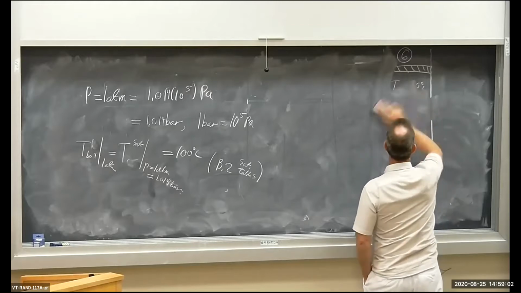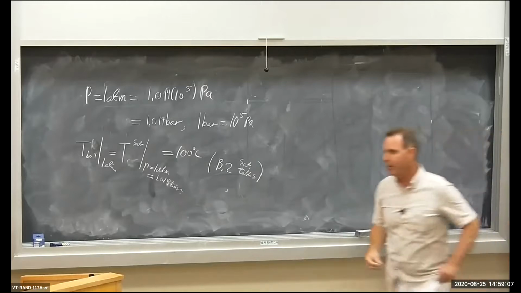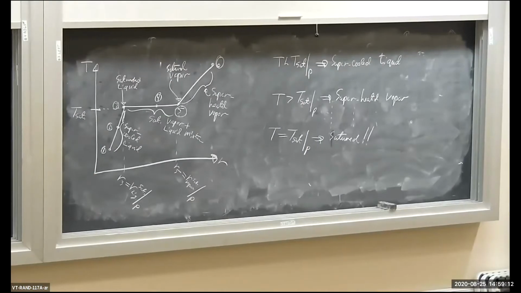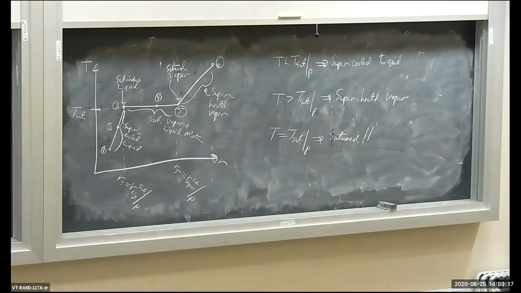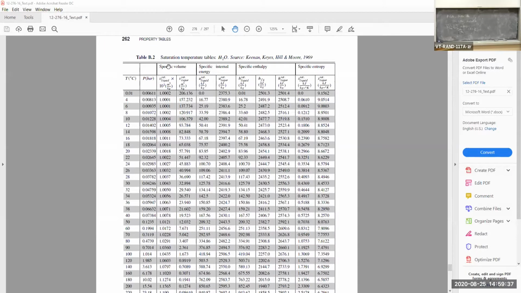Let's use these tables just a little bit more. Let's find out the specific volume for the saturated liquid and the saturated vapor. Let's see how this works. Okay, so we have some quantities here.